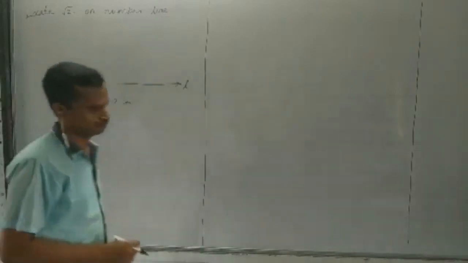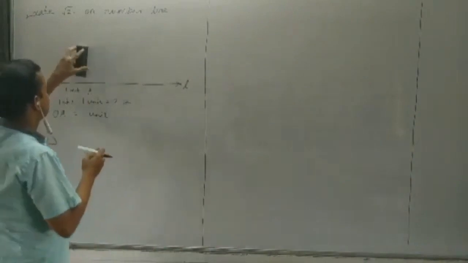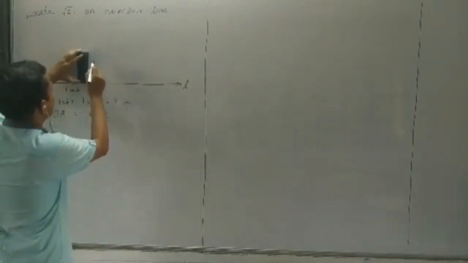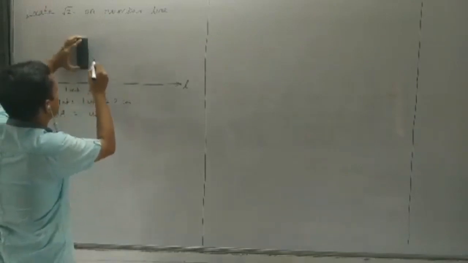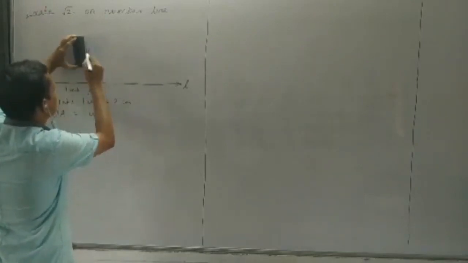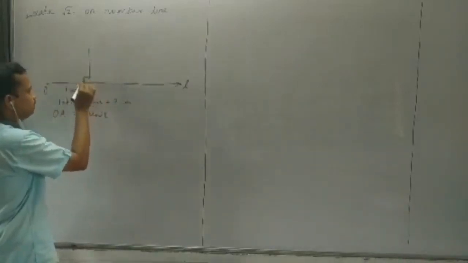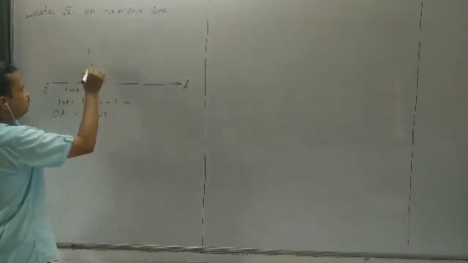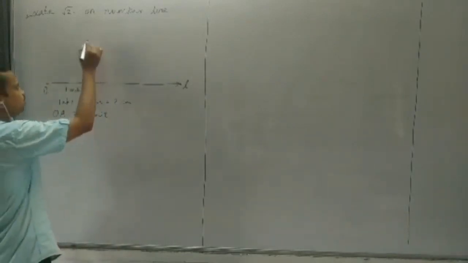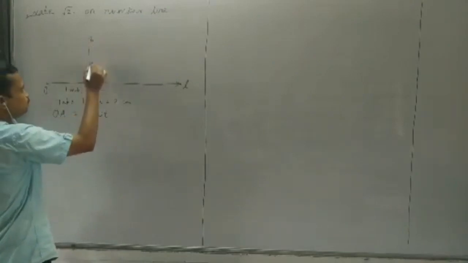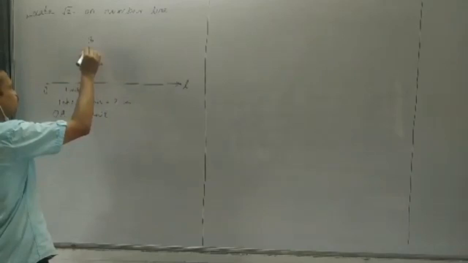And from here, you draw a perpendicular to this line, and 1 unit you have to mark. So this also, you take it as B, 1 unit, and you join OB.